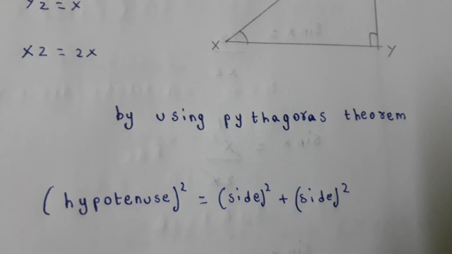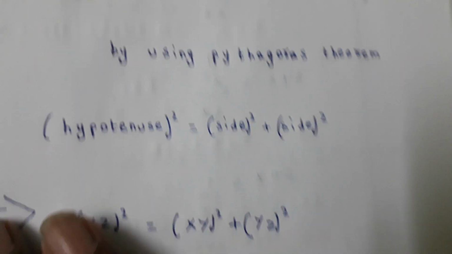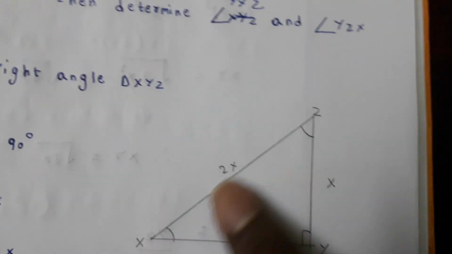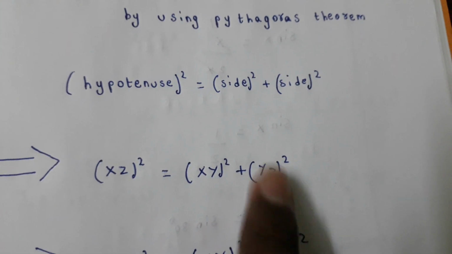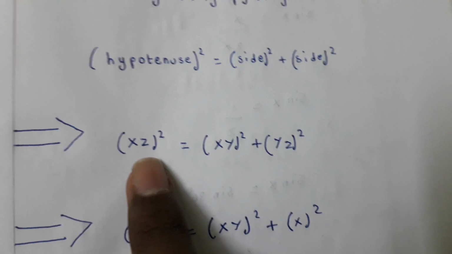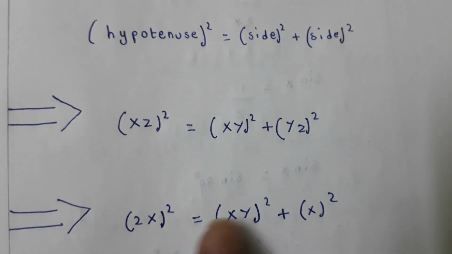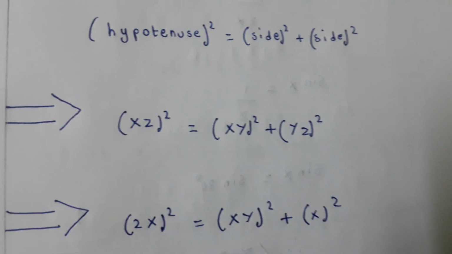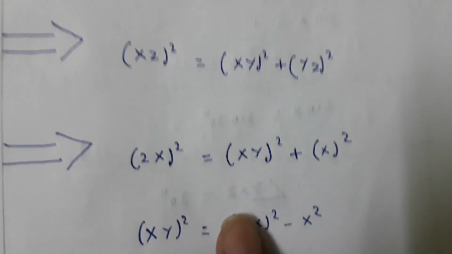What is Pythagoras theorem? Hypotenuse square is equal to side square plus side square. Here the hypotenuse is XZ. XZ square is equal to XY square plus YZ square. So XZ square means 2x whole square is equal to XY whole square plus x square.